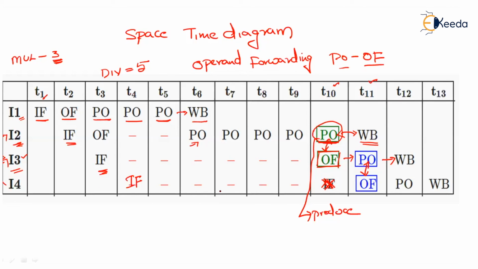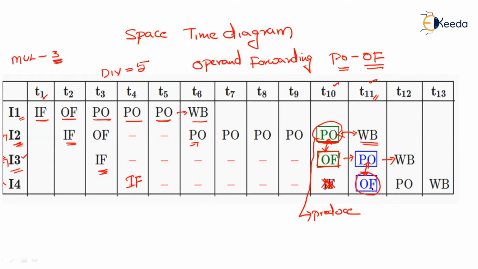So in the same clock cycle, I4 can fetch the operand directly, because there will be operand forwarding from the perform the operation stage to the operand fetch stage. So in the 11th clock cycle, I3 is producing the operand, and in the same clock cycle I4 is getting the operand in the operand fetch stage. So OF of I4 will be in the 11th clock cycle.